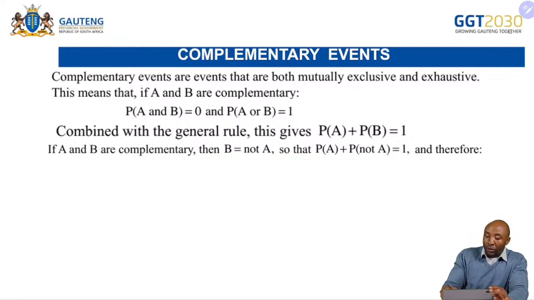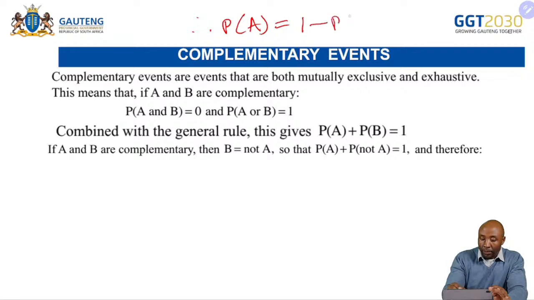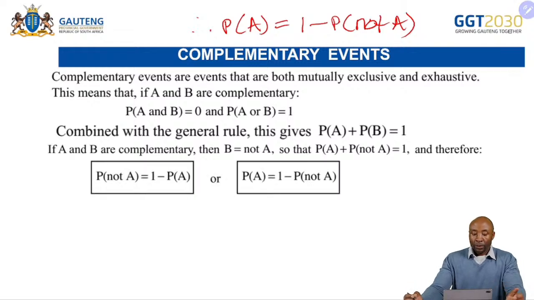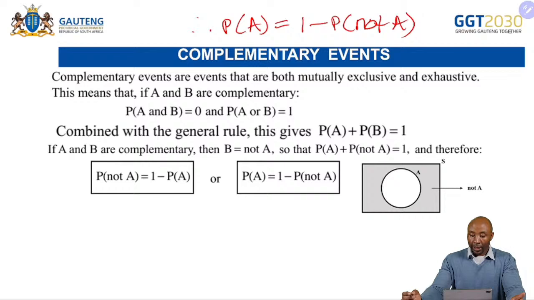We can therefore conclude that the probability of A is equal to 1 minus the probability of not A. So if you are given the probability of A and these are complementary events, you are able to find the probability of not A. You add them, they give you 1. So if you are given one, you are able to get the other. You will see as we do questions. So probability of not A is 1 minus the probability of A, and the probability of A is given by 1 minus the probability of not A.